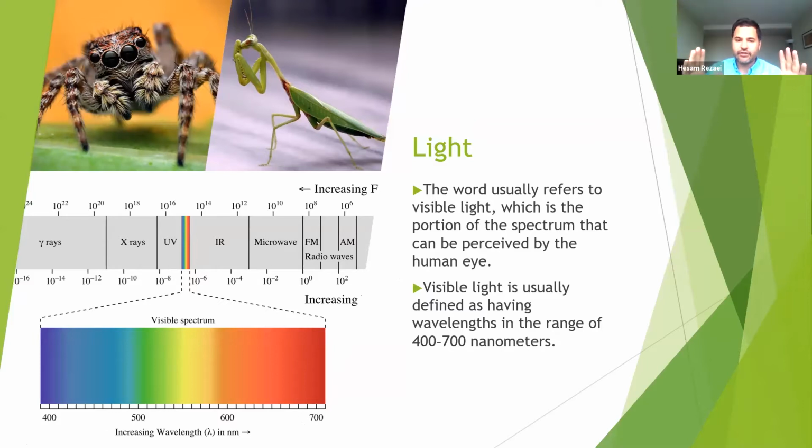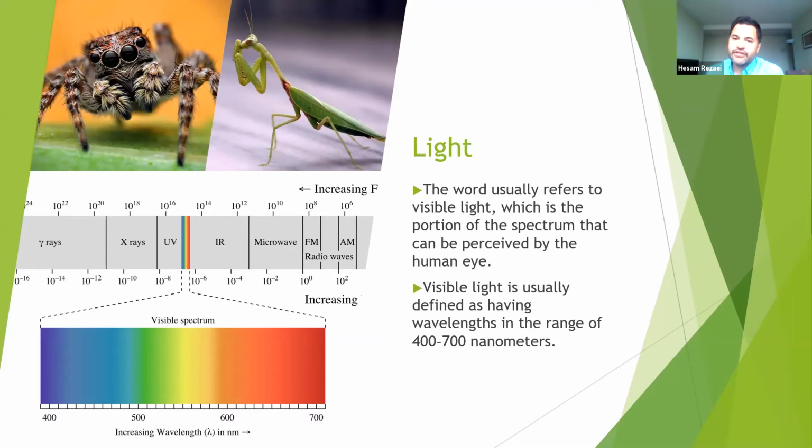It's a very special part of the whole waves and other things, from 400 nanometers to approximately 700 nanometers. It's the place that we call visible light, because we are seeing through this.